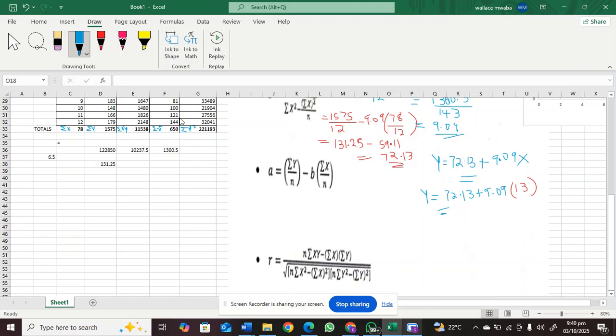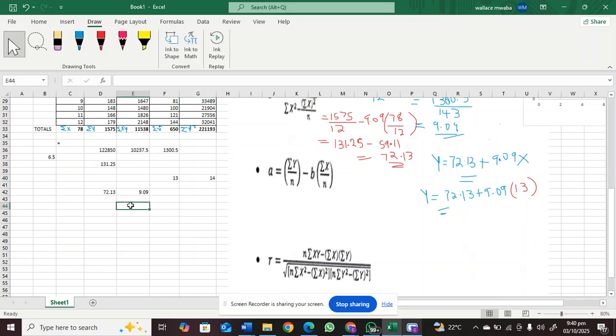The values here are 72.13 and 9.09, and I'll put here 13 and 14.